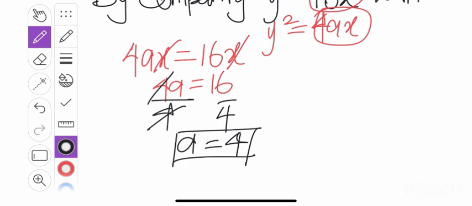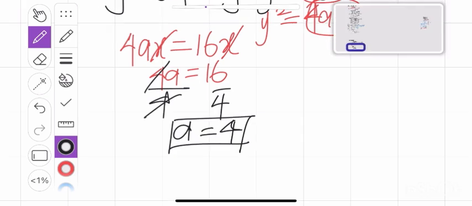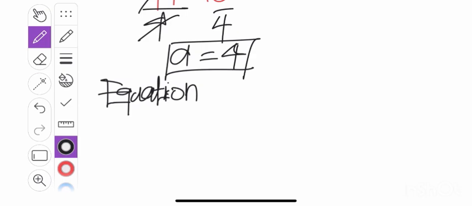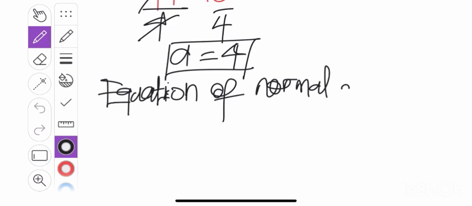What is the next step? The next step is to write the equation of the normal at point x1, y1. So equation of normal at points x1, y1. Sorry, I'm writing the one given to us, which is 1 comma minus 4.